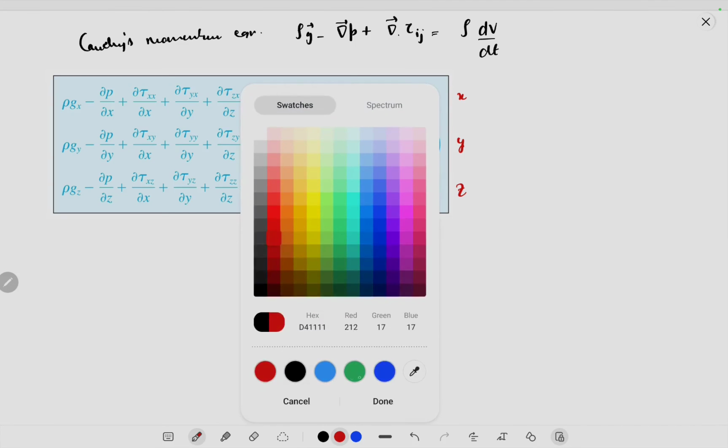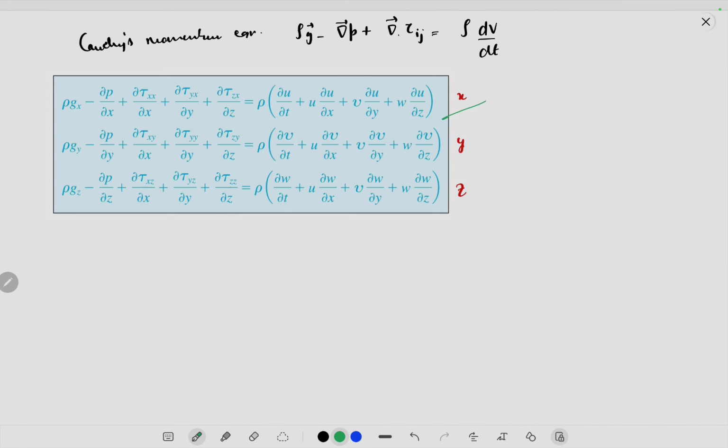Okay, I have taken this image from the book Fluid Mechanics by Frank M. White.